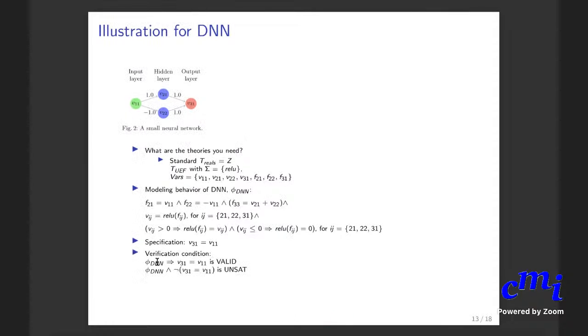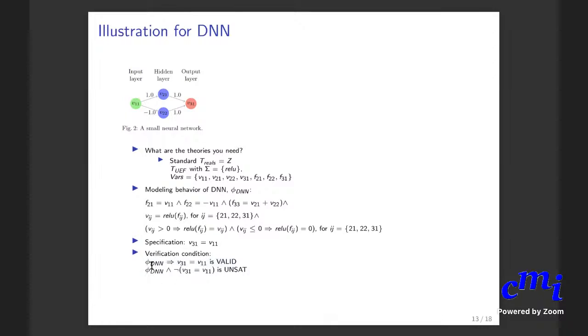Then you have to construct a formula whose validity check reduces the verification problem. You really want to verify that for all possible inputs V11, the output produced by the DNN, which is V31, is equal to the input.